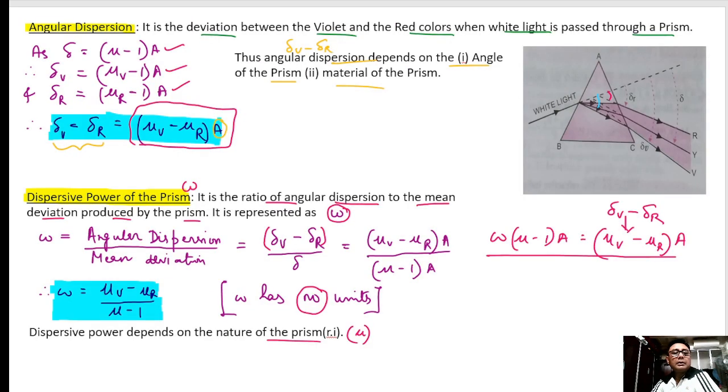So mu v minus mu r into A. From here, the angle of dispersion, please watch here. So that is why we are using this formula.